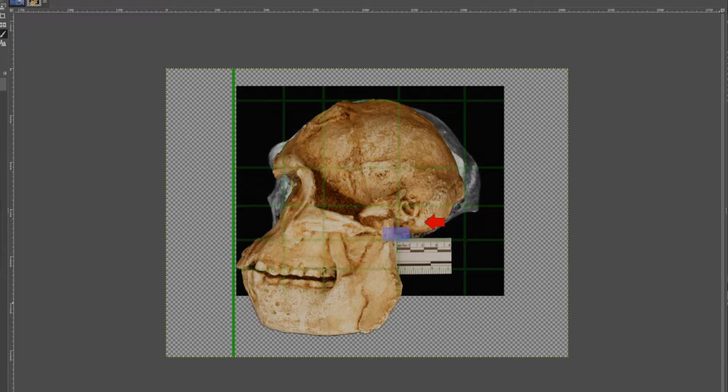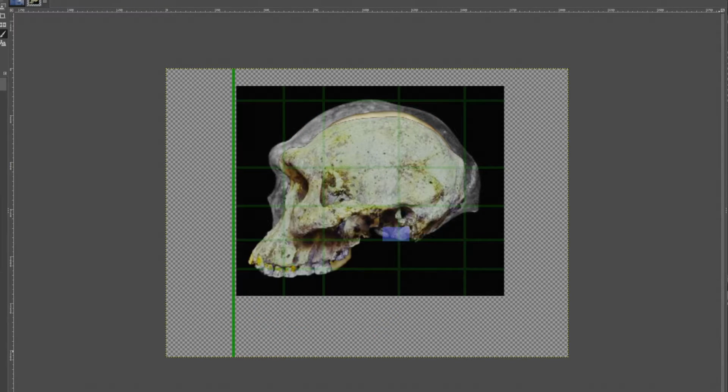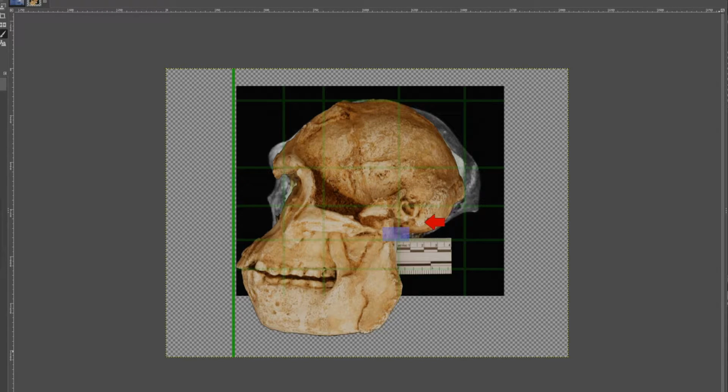Well, and the interesting thing is, go back to Dmanisi really fast, Dapper, will you? Yeah, so look at how it is in line with the orbits as well, and the brow ridge, versus Littlefoot, and then compare that here to our human skull.